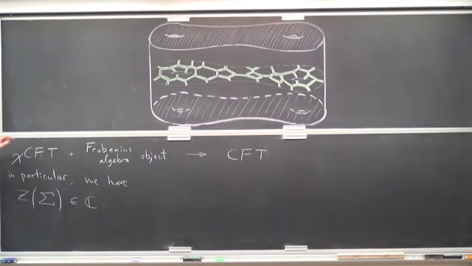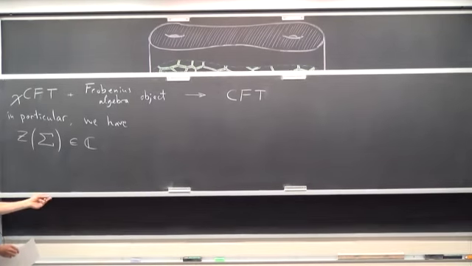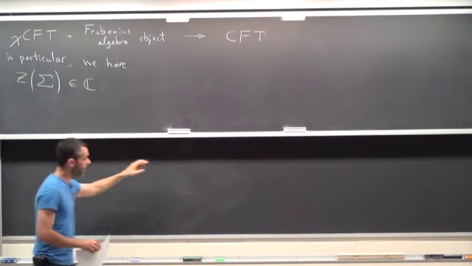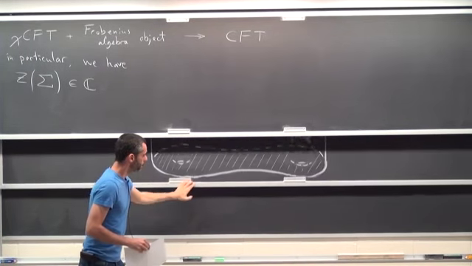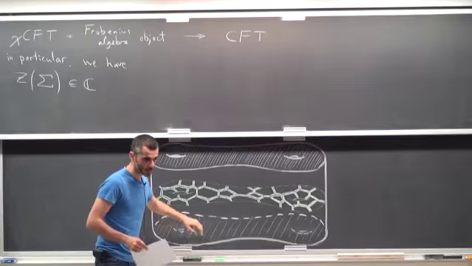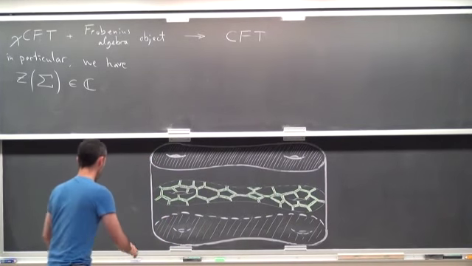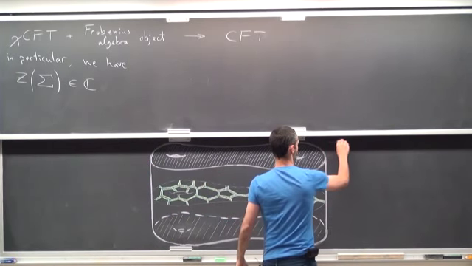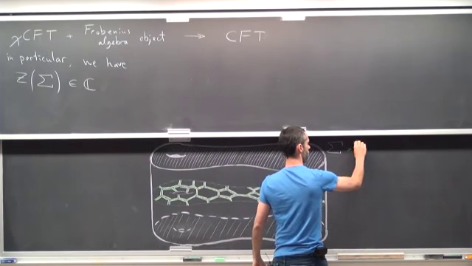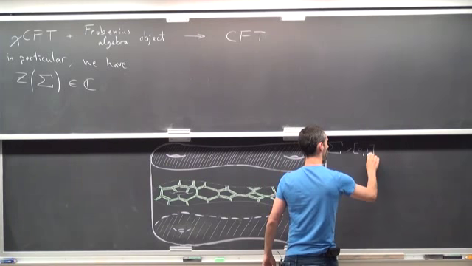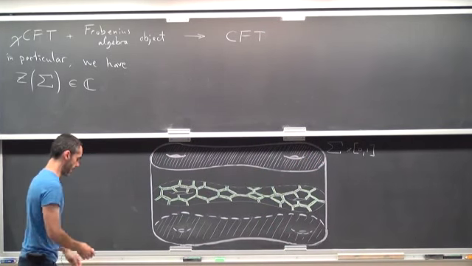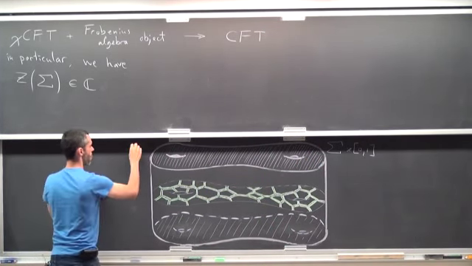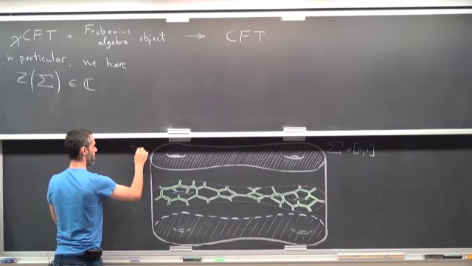So the first thing that these guys do is to draw the following picture. So let me explain a bit what that picture is. This is a picture of a three-manifold, namely the three-manifold sigma cross the interval 0, 1. And this is sigma cross 1.